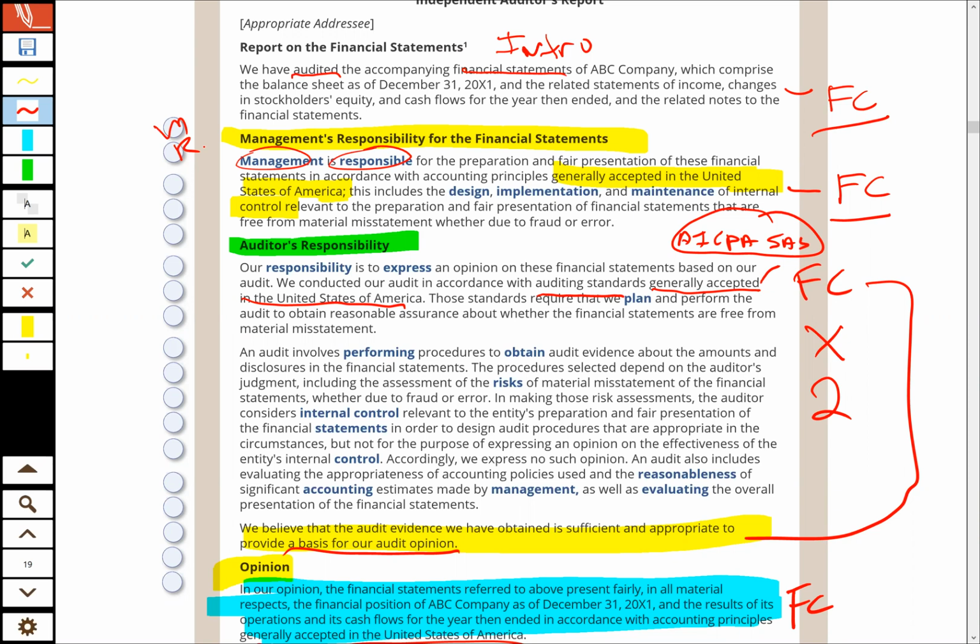Okay, now here's why. Many of the questions that you see, particularly task-based simulations, they love this. They'll say, your staff drafted this report and you have been asked to provide comments, or you are the senior or the partner on the engagement, the supervisor has provided the staff some comments.